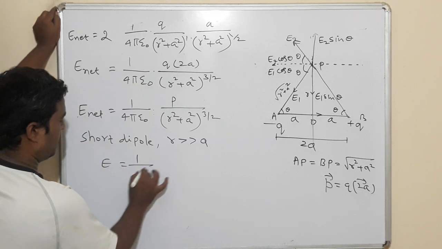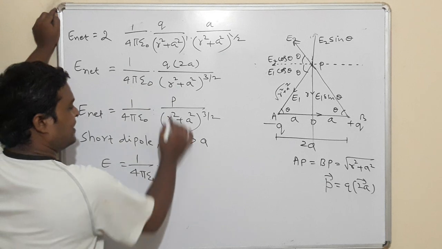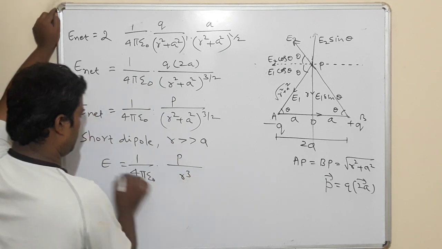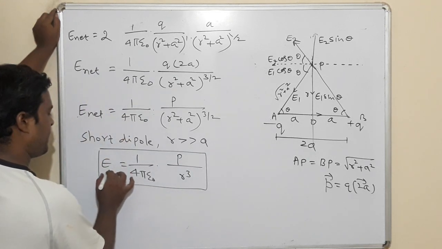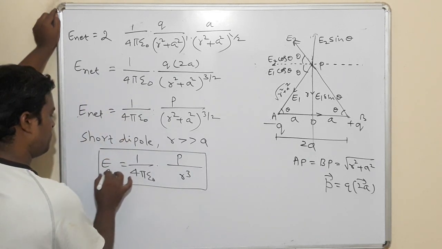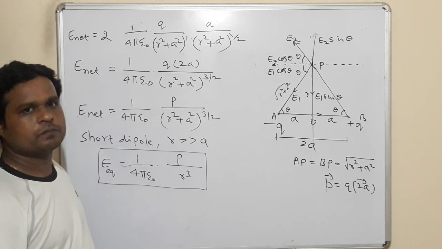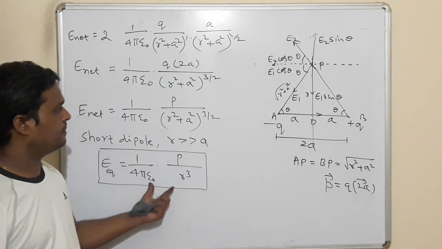Then E will be equal to 1 by 4 pi epsilon naught P divided by r cube. This is the electric field on the equatorial line. Follow this.